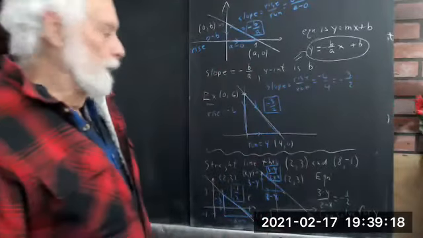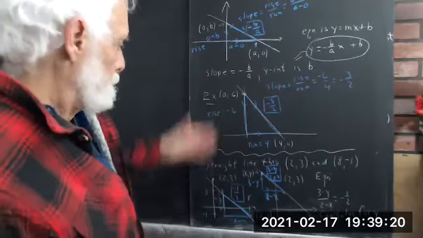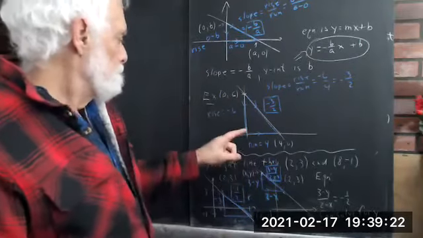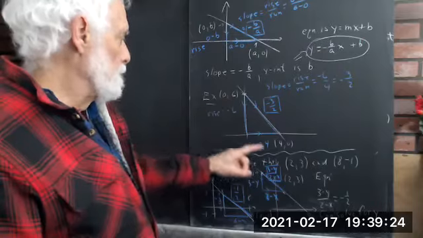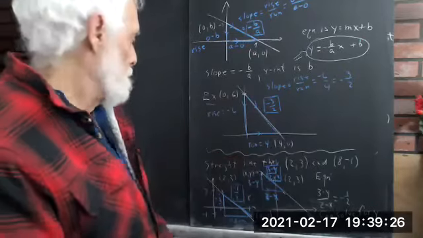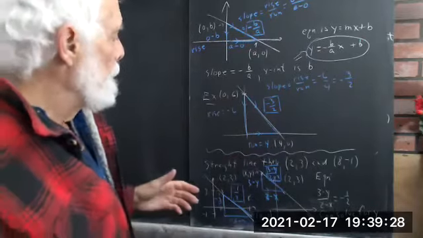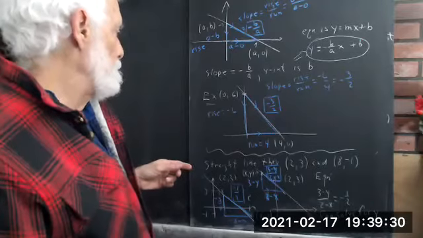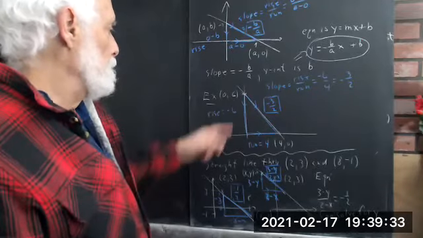A more specific example. Here's a line with intercepts 0, 6 and 4, 0. Okay. The slope is -3/2.